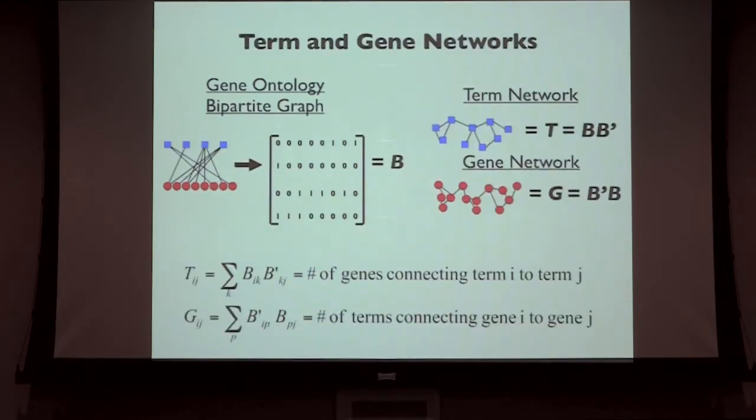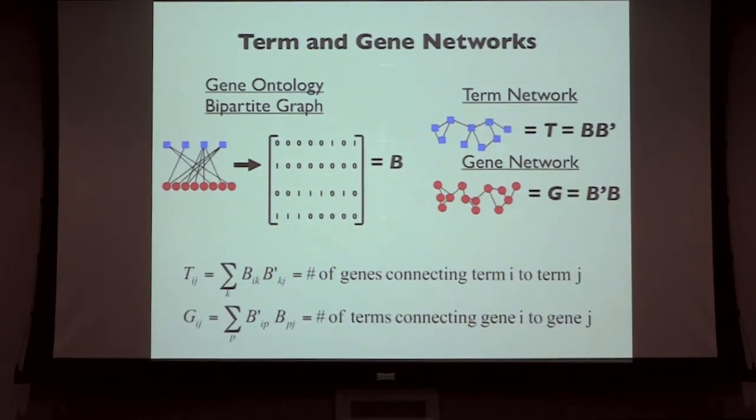Okay, so now for the part of understanding how we actually do the projection. So we can make term and gene networks from a simple projection, but then I'm going to argue that we actually want to do something a little bit more sophisticated. So the Gene Ontology is a bipartite graph.